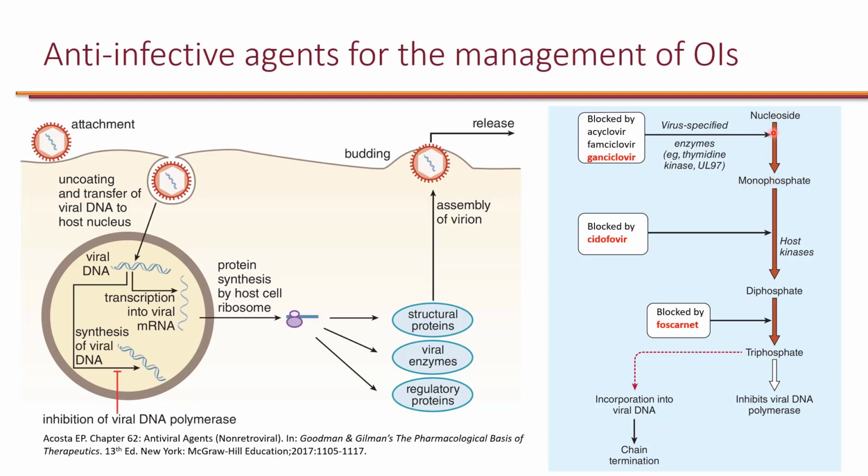So this is a phosphorylation process that's required for DNA synthesis. So all nucleotides need to be phosphorylated as part of DNA synthesis. And these agents that are listed here need to be phosphorylated in order to mimic this phosphorylated nucleotide. And these agents are actually phosphorylated by virus-specific enzymes.